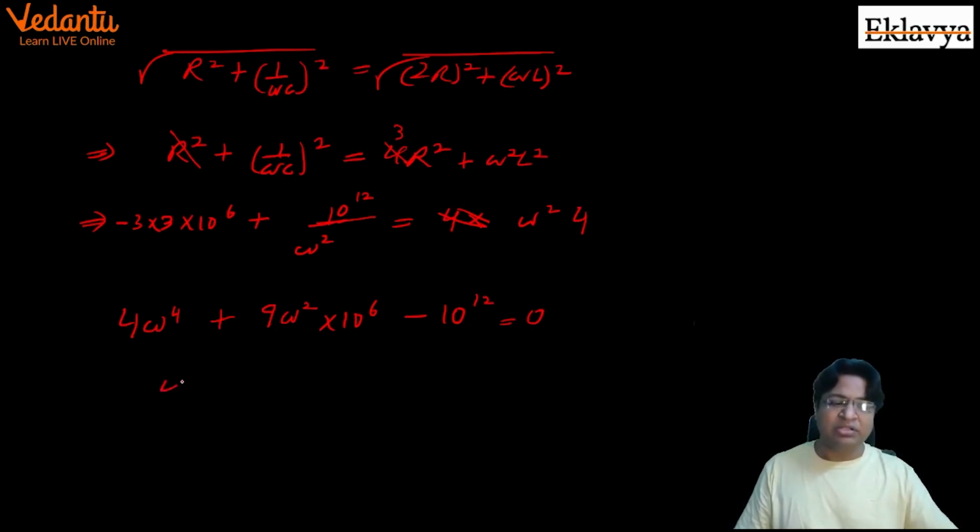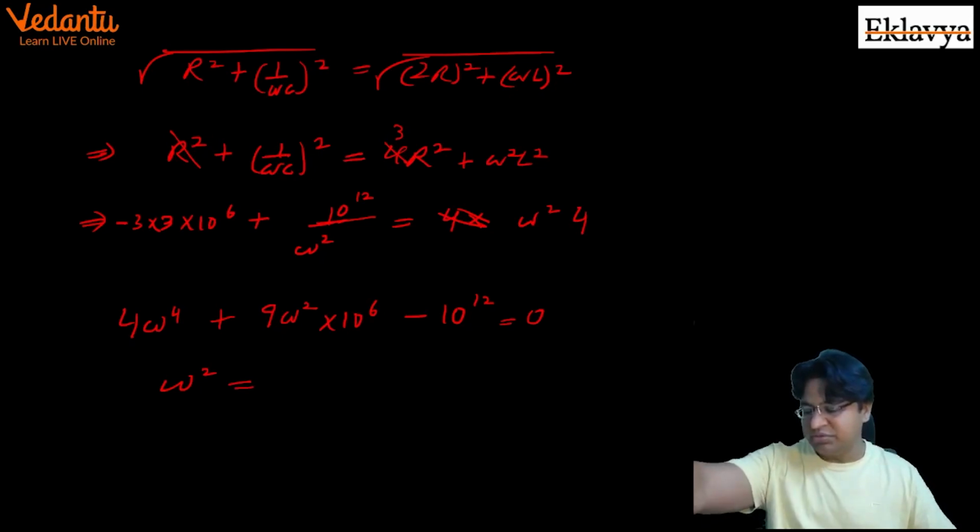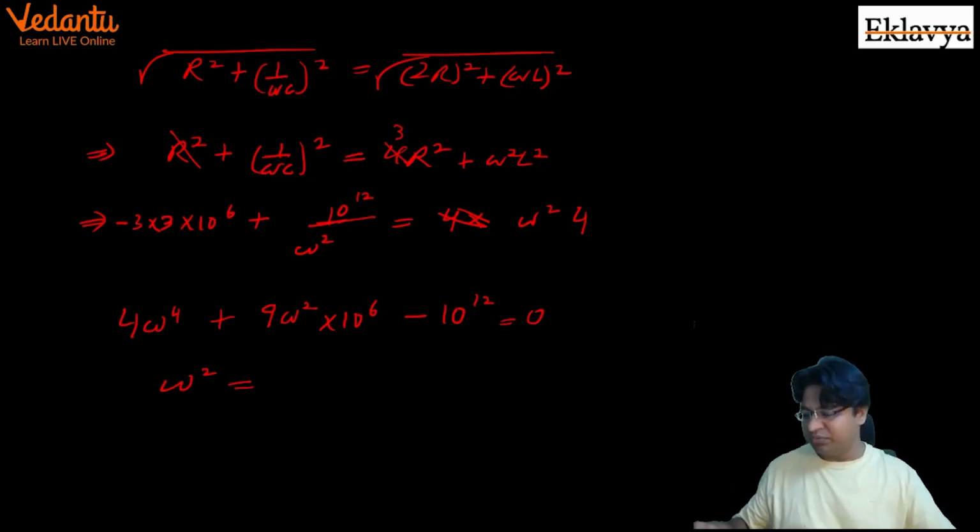Again, this is a quadratic equation in omega square, and I don't think it's very difficult to solve. So once you solve this quadratic equation, what you will get for omega square, let me solve it.